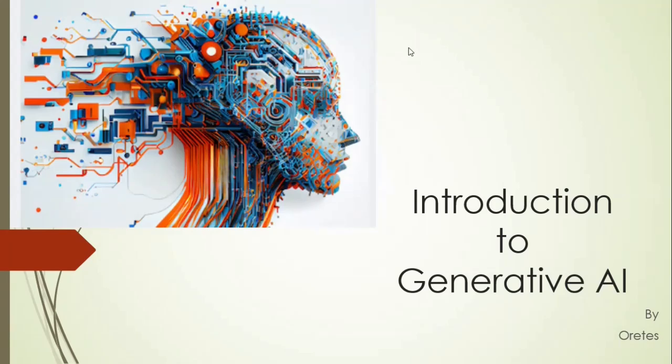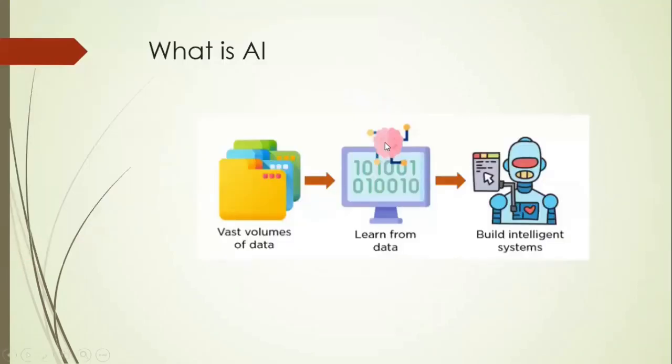If I talk about the basics of generative AI, before that we need to understand what AI is. Artificial intelligence, everybody knows about that. It needs a huge amount of data. As shown here, a vast volume of data is there, and the system learns all this data, and we put in all these algorithms, which we'll discuss in detail later.